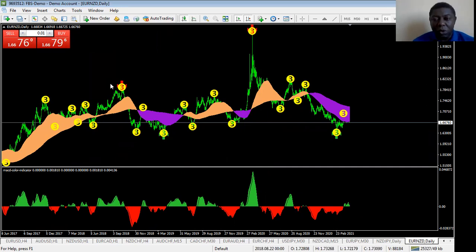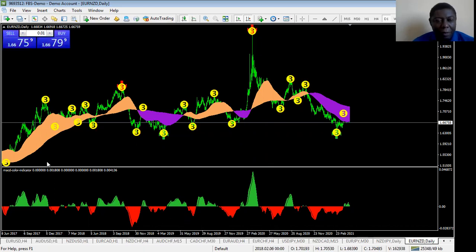It tells you exactly the reversal point, even though it repaints, and it will give you a very good idea of what the market is about to do. Here, this is the color MACD. So I'm going to show you how this strategy works with these few indicators that I've just named.